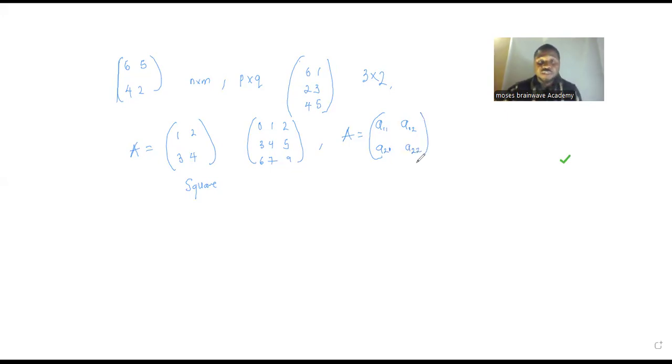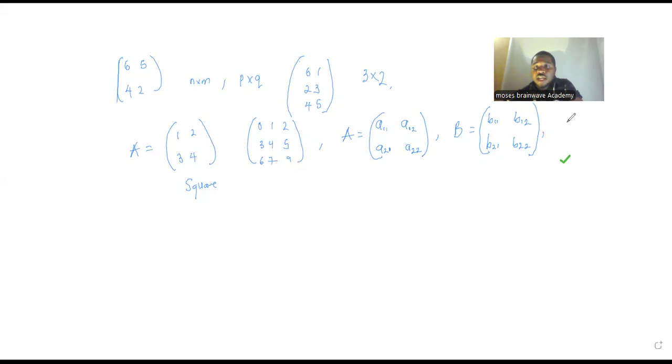I think this is very straightforward. And then we can have another example. We have matrix B, which has elements b11, first row, first column, b12, first row, second column, b21, second row, first column, then b22.